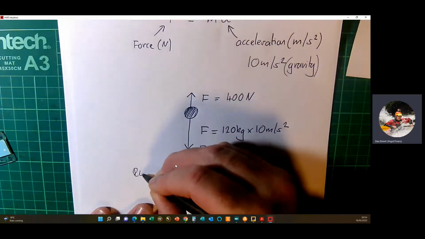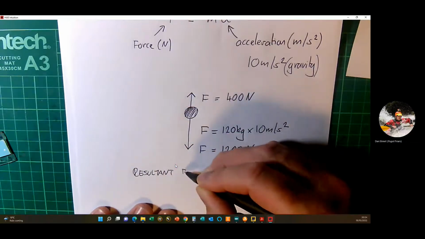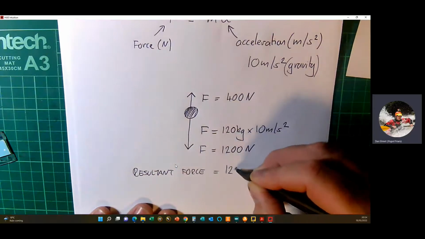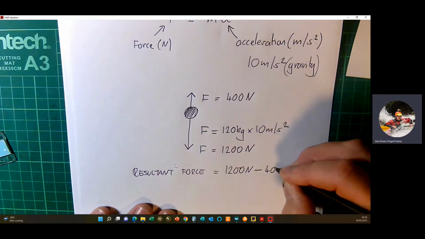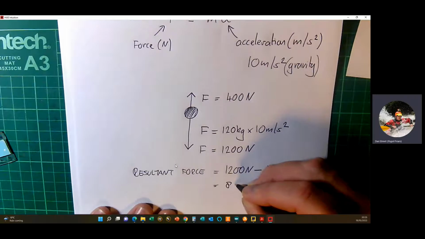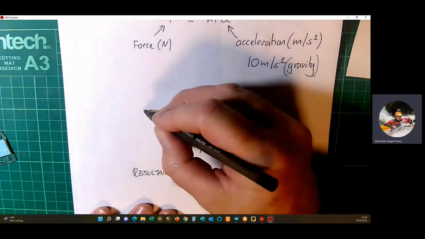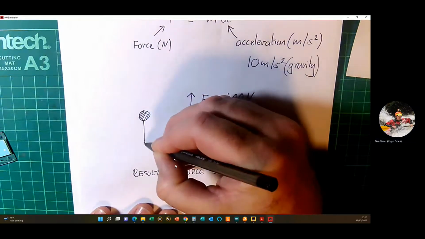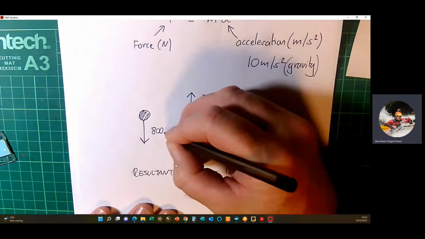So the resultant force is 1200 newtons, take away the 400 newtons, which of course equals 800 newtons. So we could perhaps redraw that diagram simply as that with 800 newtons.